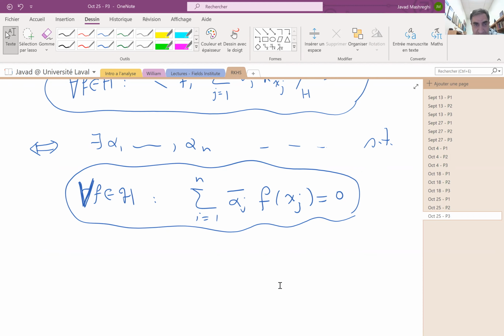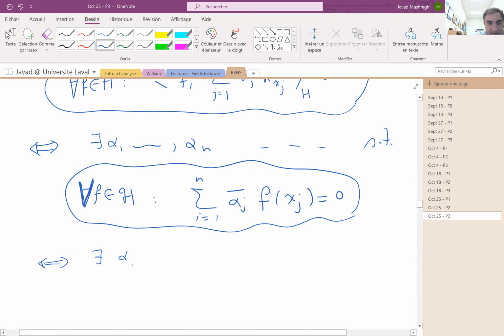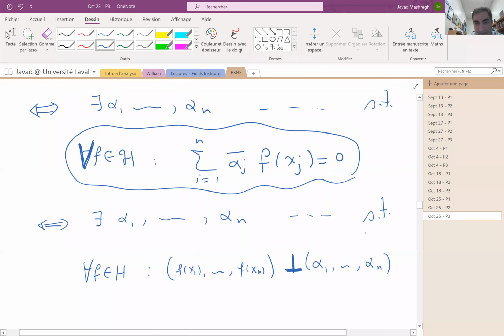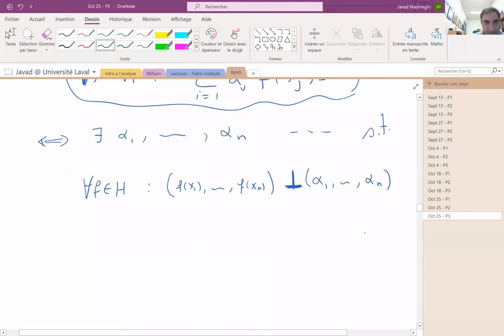Another way to write the same thing is that there are alpha 1 up to alpha n, not all equal to 0, such that for every f in H, the vector (f of x1, up to f of xn) is orthogonal to the vector (alpha 1, up to alpha n). True. And now we obtain another characterization.